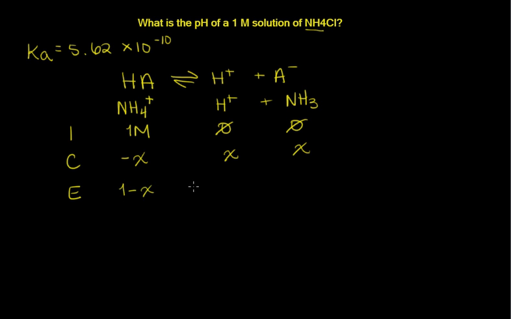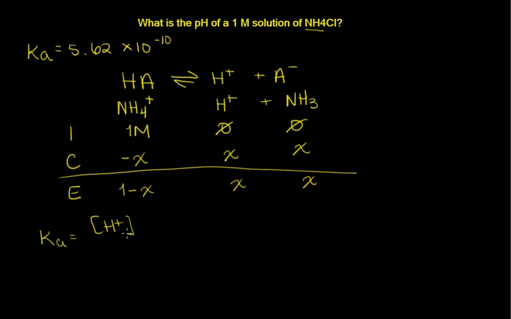So this is kind of a little easier than the last one because we've just got 1 rather than 0.35. Again, now we know Ka is related to the concentration of H plus, concentration of A minus, the concentrations of the products over the concentration of the substrate, HA. Much easier to write this way.